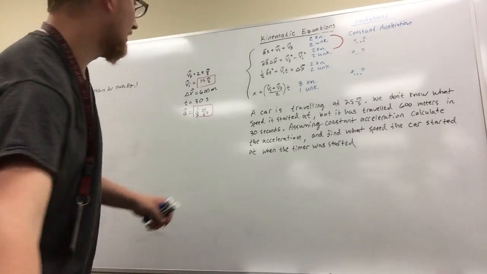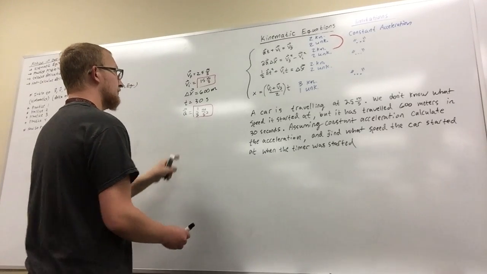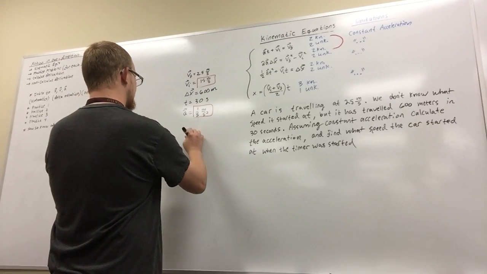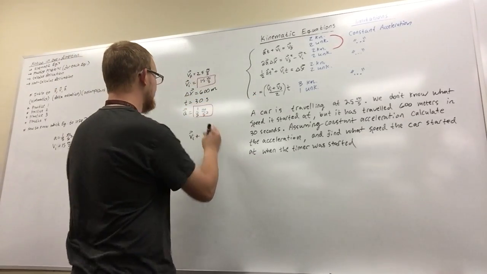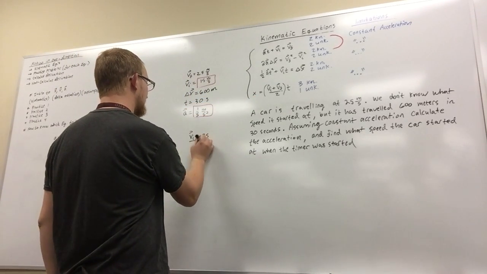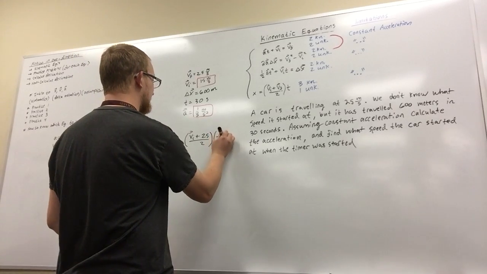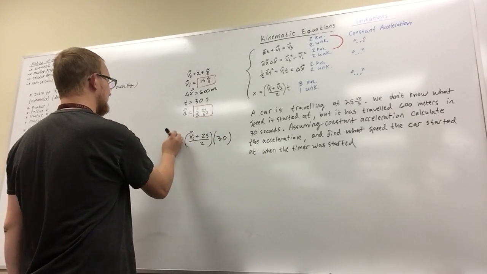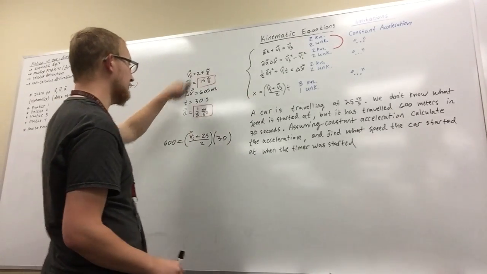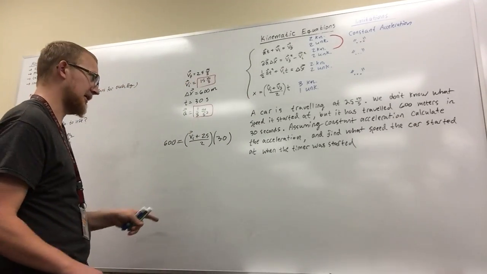So let's go ahead and start off using this equation because there's only one unknown. So we don't know Vi, so Vi plus, well, Vf is 25 meters per second, divided by 2 times t, which was given as 30 seconds, equals delta x, which was given as 600 meters. So we've used this equation, we've plugged, now we're chugging.